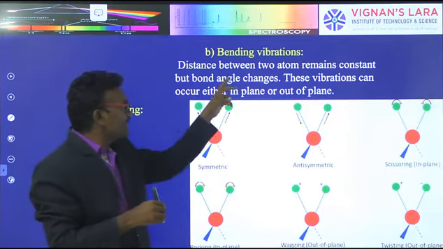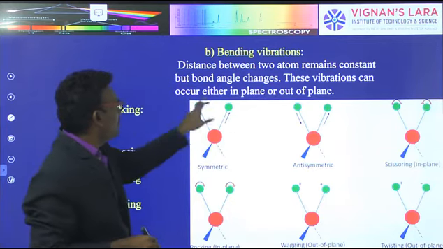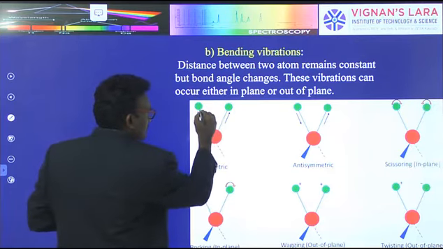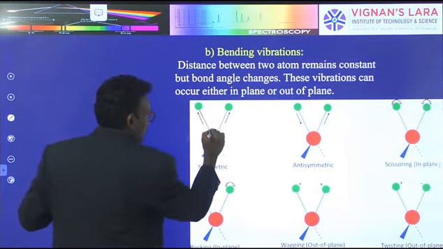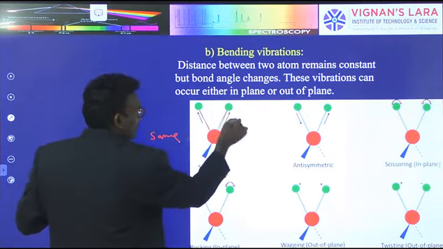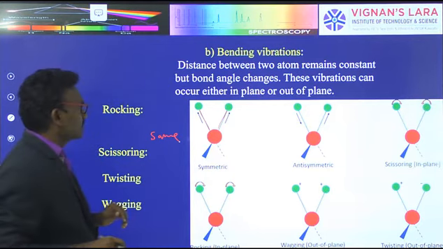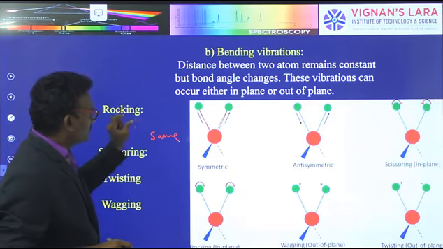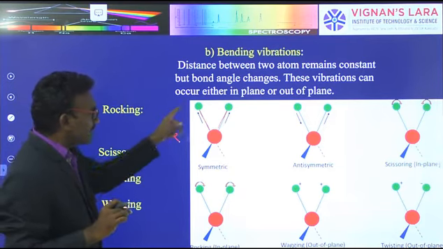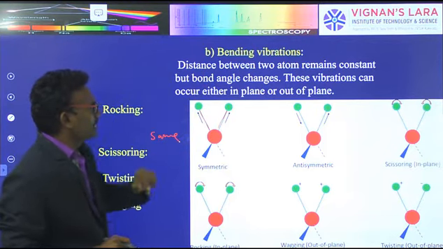This is called bending vibration. The distance between two atoms remains constant, but the bond angle changes. The bond length is constant and does not change, but the atoms are bent. This is called bending vibration.